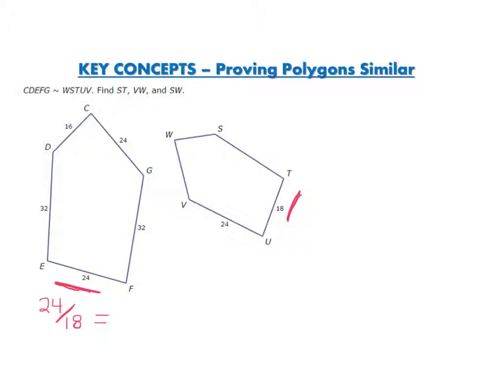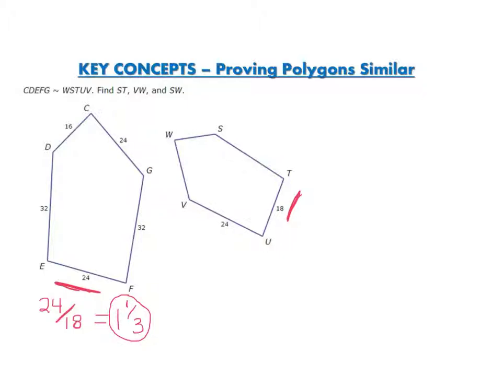When I divide 24 by 18, I get 1.3 repeating, and that is 1 and 1/3. So, my big one is 1 and 1/3 times bigger than my little one. So, if I'm filling in the little one, I have to divide the bigger numbers by 1 and 1/3. And I'm going to show you what I mean here in just a second.